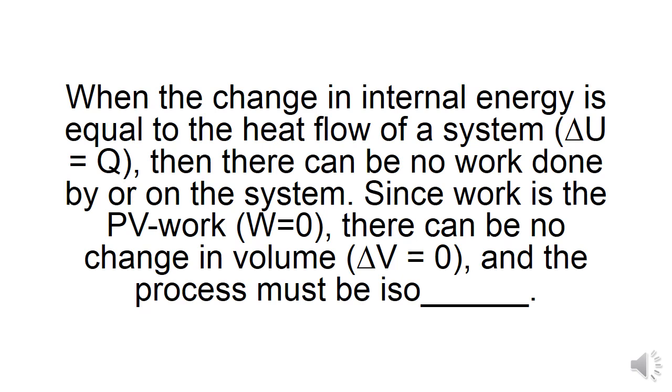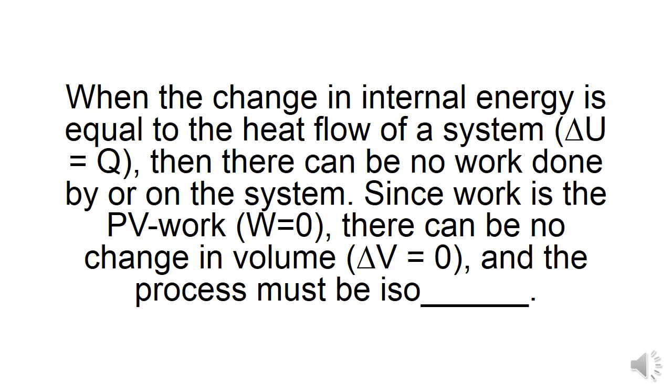All right, this one is a mouthful, but it's just setting up the conceptual background. That's why there's all this verbiage. When the change in internal energy is equal to the heat flow of a system, that's when delta U equals Q, we saw that before, then there can be no work done on or by the system. We also saw that.